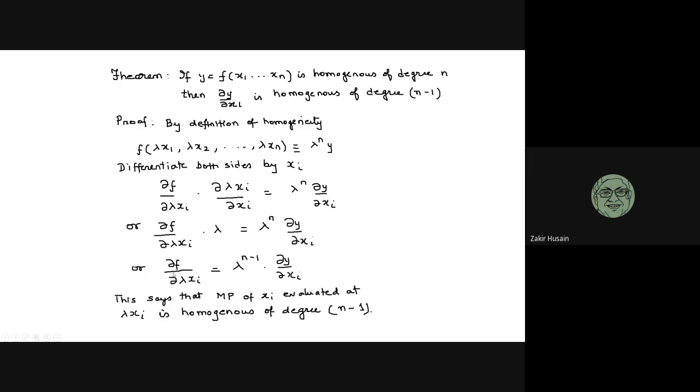This is the definition of homogeneity of the marginal product function. What we are saying is that if you increase the value of xi, then the marginal product is going to go up by lambda to the power of n minus 1. Okay, is it clear? Yes, sir.